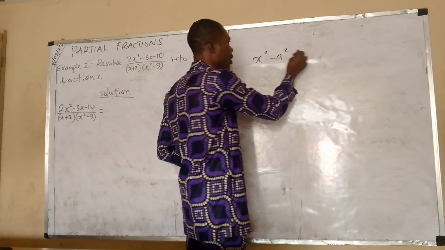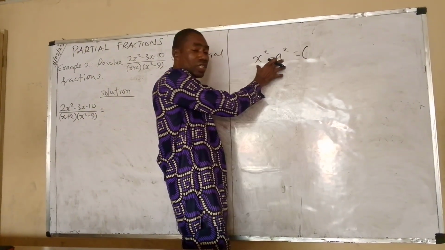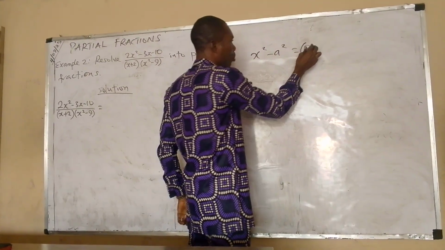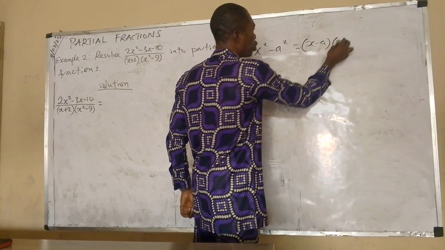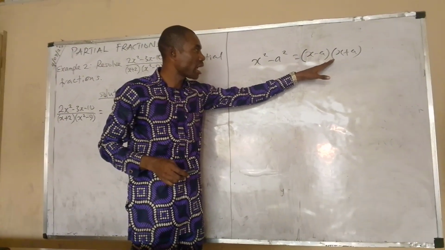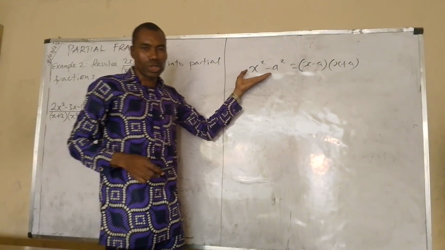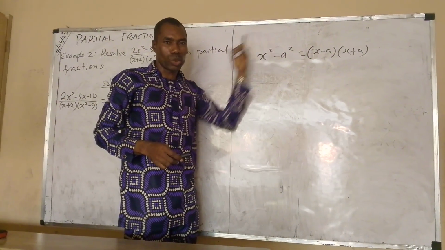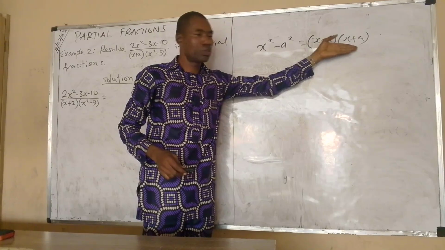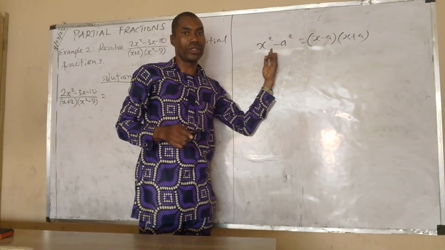The principle states that if I have a difference of 2 squares, take the 2 variables x and a, subtract them, and then also add them up. With this, I have factorized the quadratic expression x squared minus a squared into (x minus a) into (x plus a). If you expand this bracket, I bet you will get this.